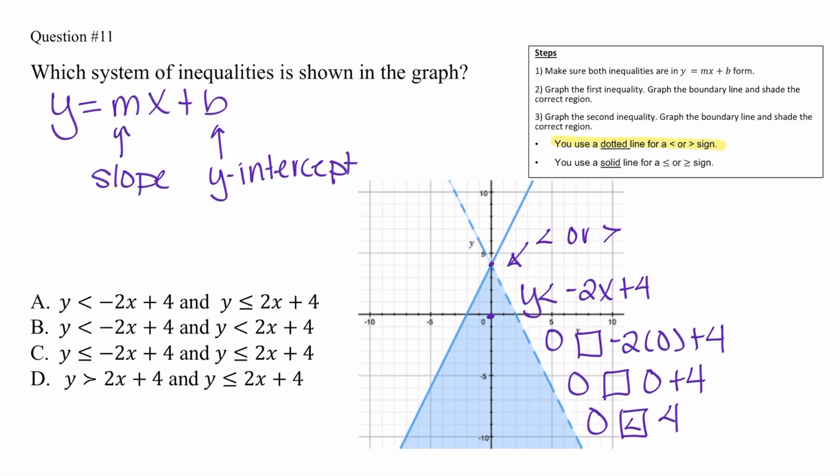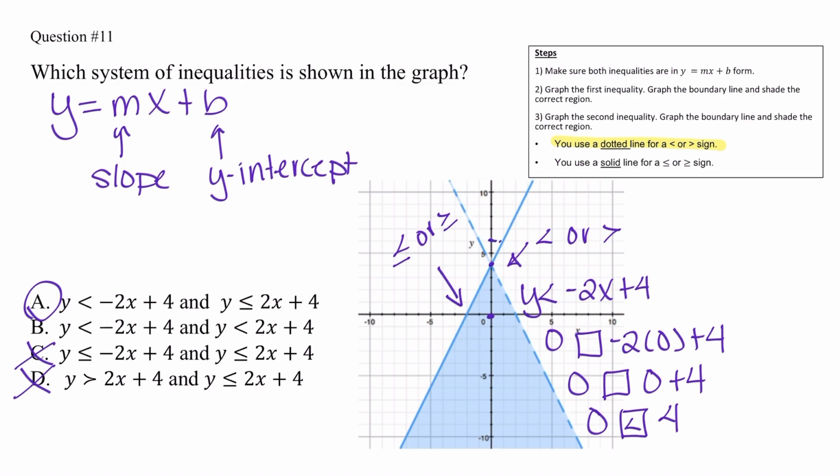So I'm going to eliminate any answer choice that doesn't tell me that. Now I have my second inequality. Another thing to notice is that I have a solid line, so it's going to be a less than or equal to or a greater than or equal to. That already tells me that answer choice A is the possibility, but let's verify. This does have the equation 2x plus 4 because notice the slope goes up 2 over 1, so that is a slope of 2.